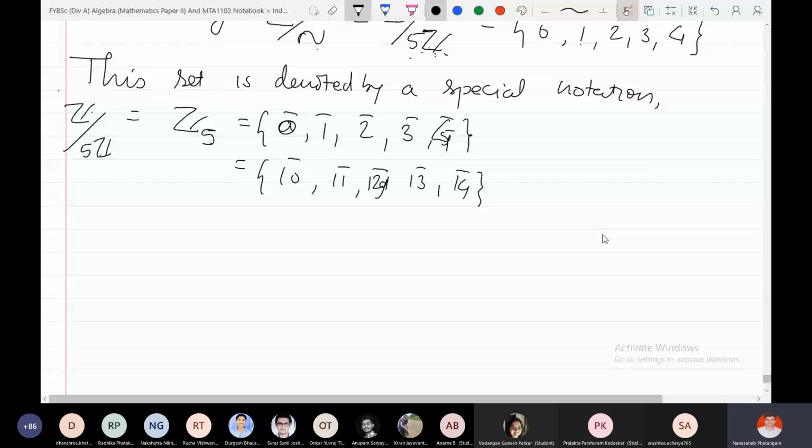Right. So this is a set of equivalence classes. Okay, so let me make a definition or notation.